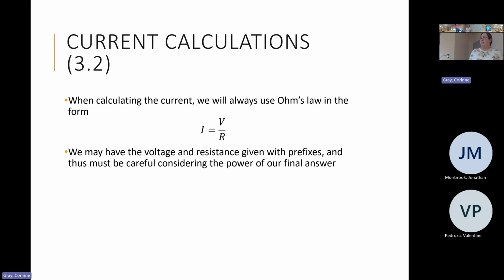Again, typically related to the resistance. What type of ohmage do I have? If you want to, you can keep the prefix when doing the calculation and then deal with it at the end. However, the problem that I noticed last year when people did that is they never went back and dealt with it at the end. So if you're more comfortable leaving it, you can. If you're less comfortable, don't do that.